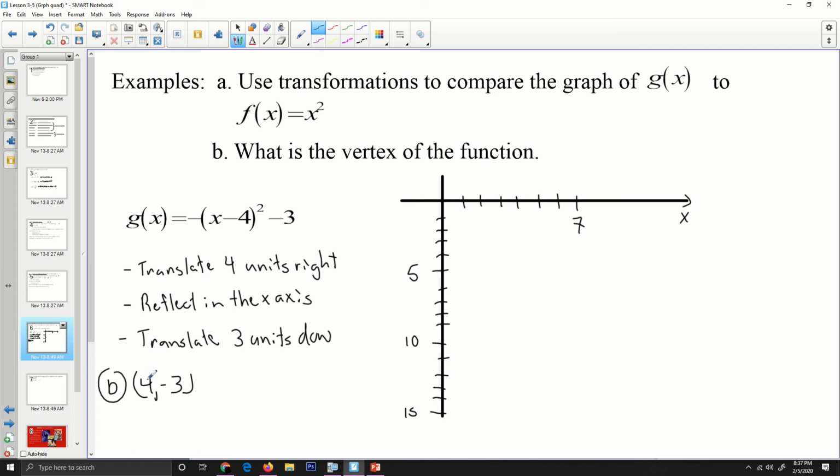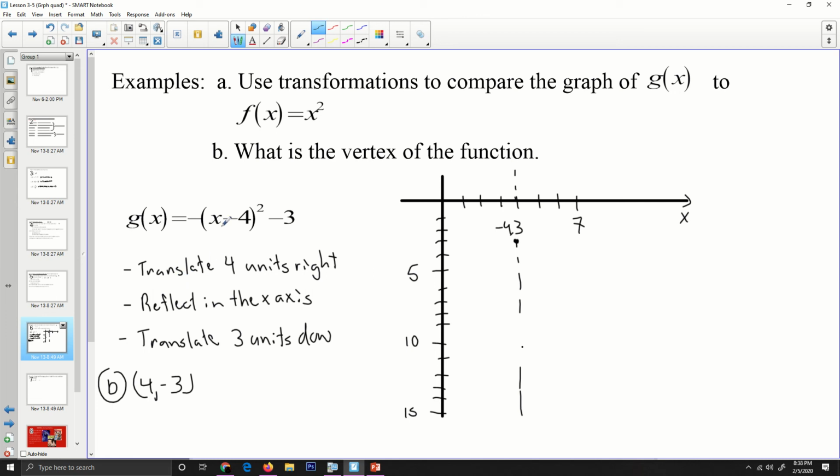And so my vertex for this thing is 4, -3. So right here is 4, -3. And since the leading coefficient, that a value, is negative, it opens down. So really the only other value that I'm going to get here, my axis of symmetry, will be at 4.